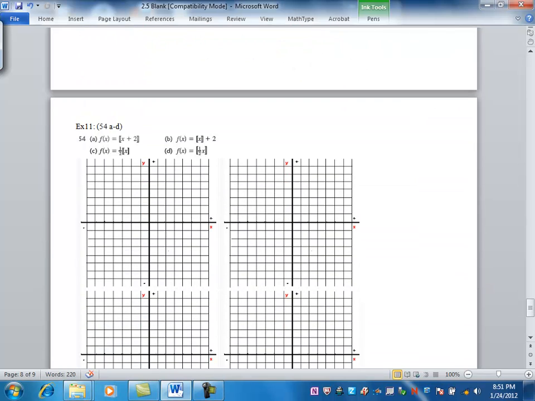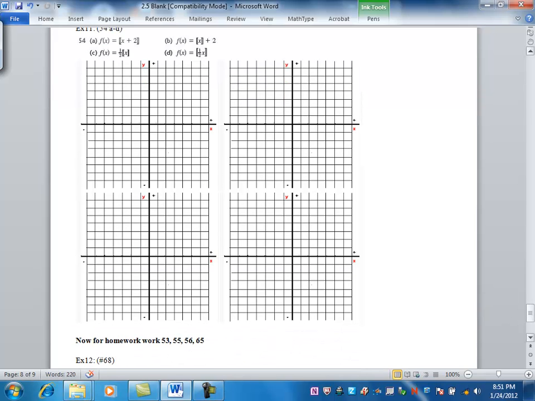Alright. Now, before we start graphing these greatest integer functions with shifts on them and stretches, I'd like to take a look in black at y equals the greatest integer of x. Okay? And you know what?